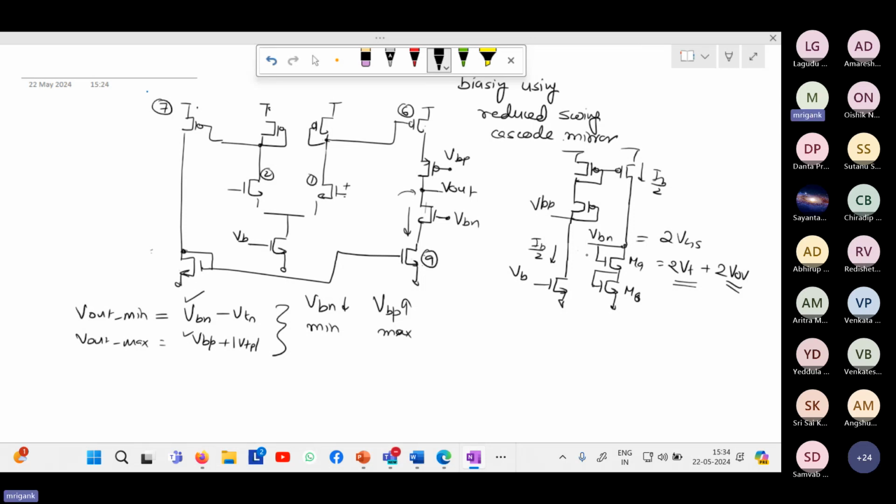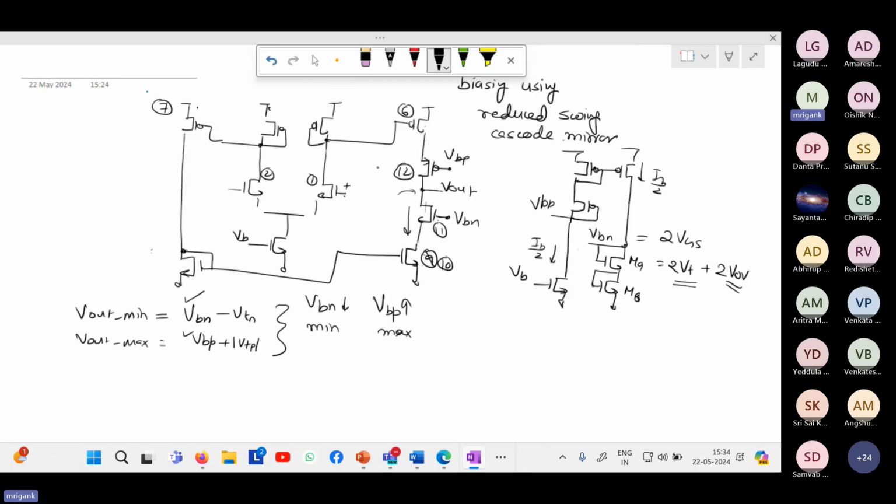Is that acceptable, to just increase the W by L of M9 and M8 and then bias the VBN with that? What is the problem? We will also have to increase the W by L of the MOSFET where we are mirroring the current. Let me call these M10, M11, M12, whatever.